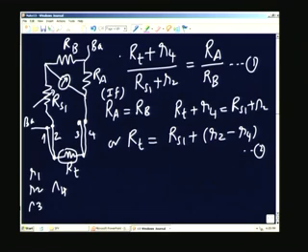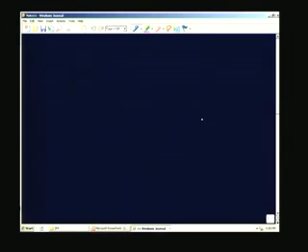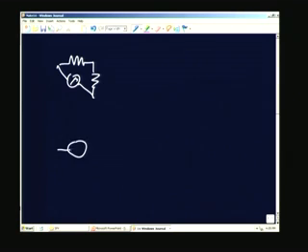Now, let us look at the second arrangement, where what I am going to do is, I will have the same two resistances, no change, and here I am going to change the terminals. This is the Rt. I will allow R1 to float.